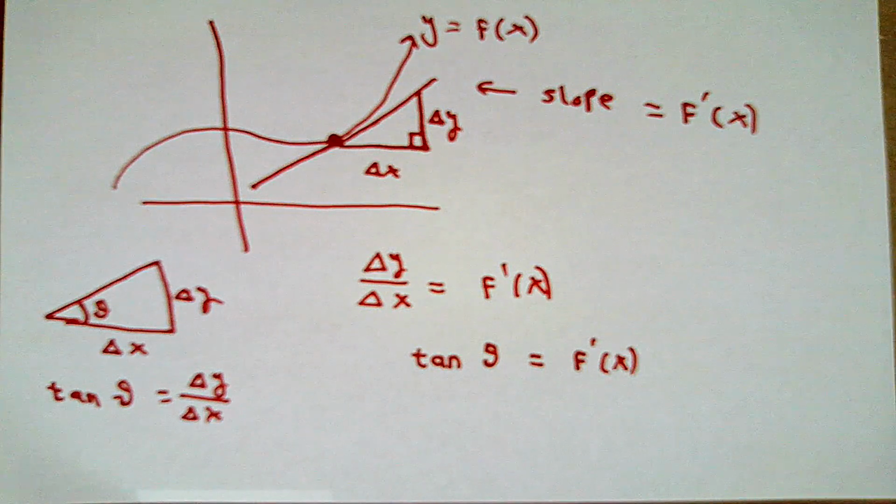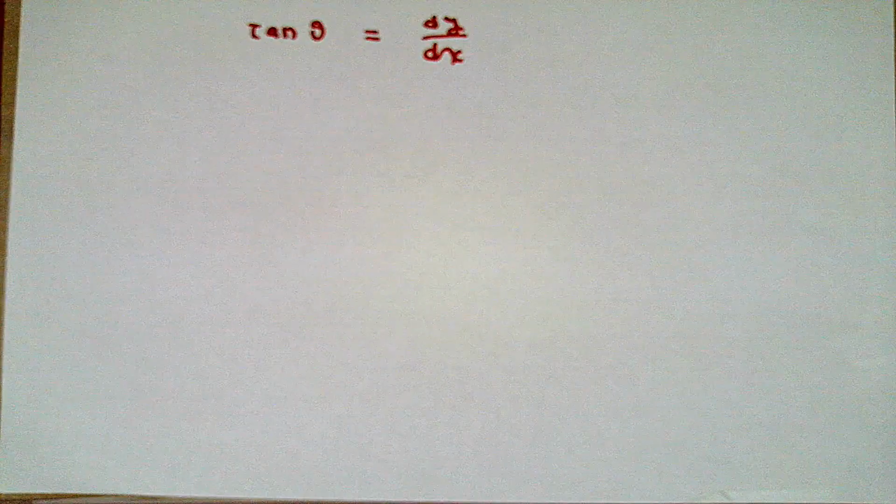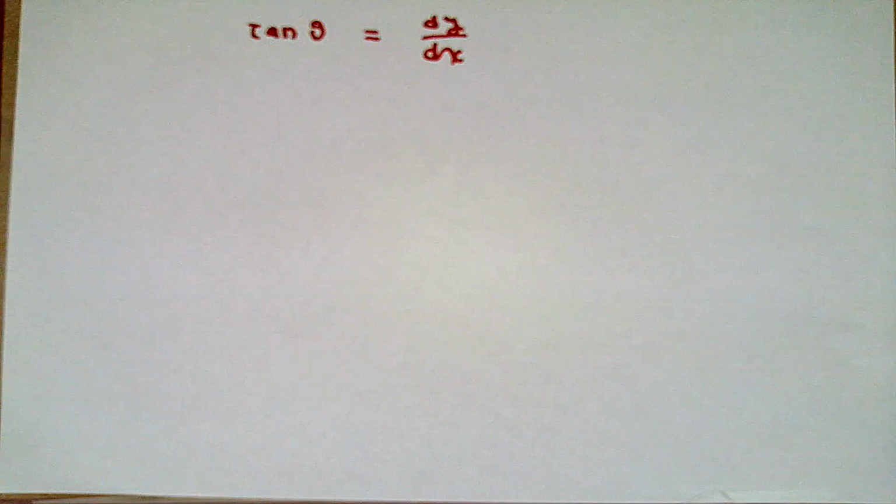Initially, I'll just describe everything in terms of the x-coordinate, but then we'll have a refinement. Theta is some function of position on the curve. Dy dx is as well.